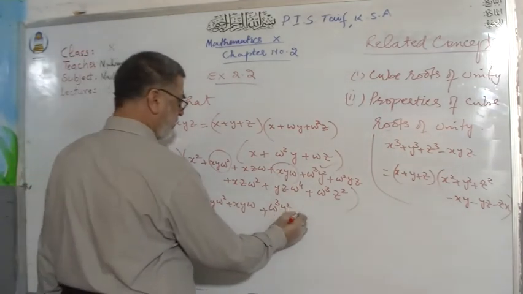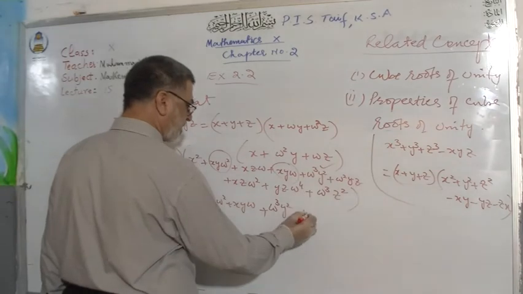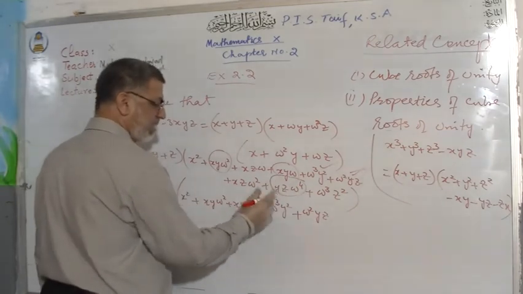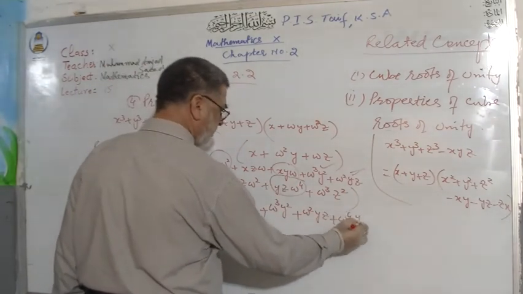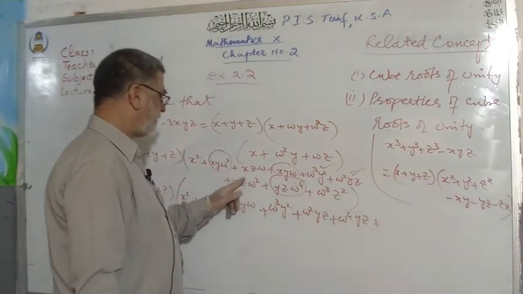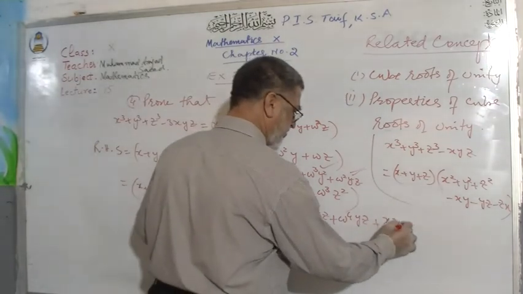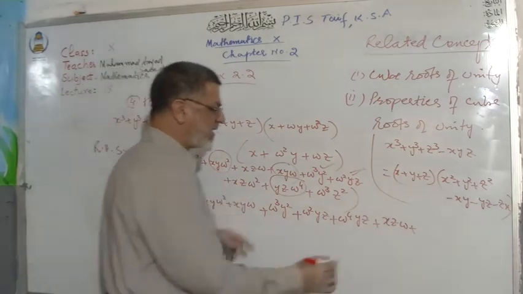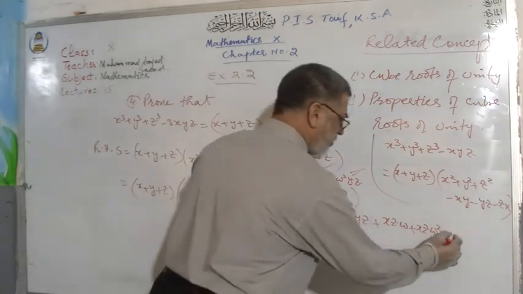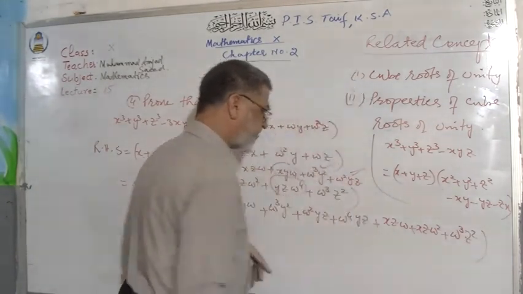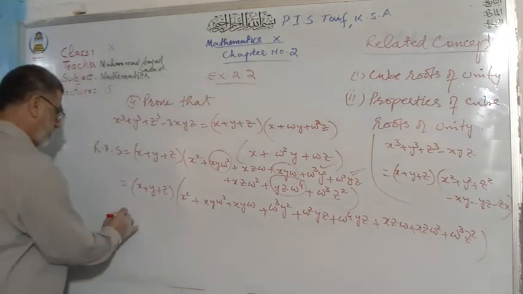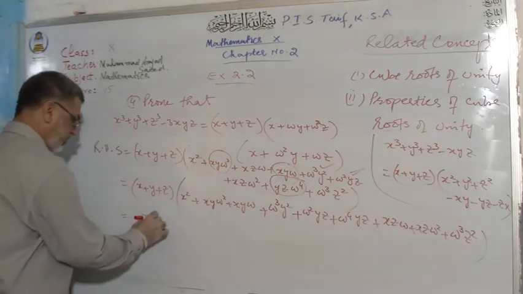After that, we will write down omega square yz and omega plus omega 4 yz. And then xz omega plus xz omega square, and at the end omega cube z square. I have rearranged the terms so that similar variable will be side by side.